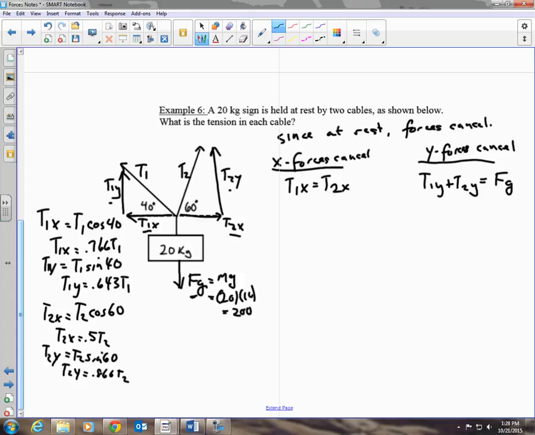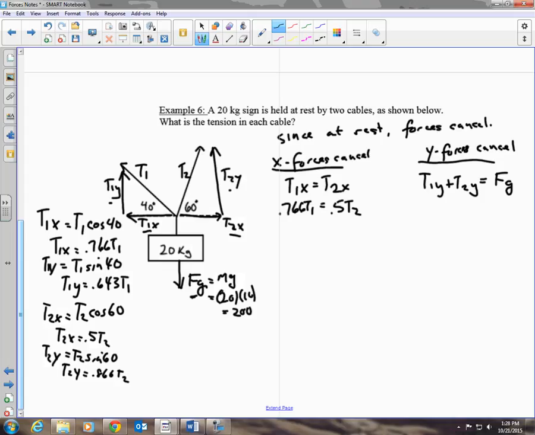Now I can go back to my forces canceling equation, and in T1x equals T2x, T1x is 0.766 T1, T2x is 0.5 T2. And then for my y forces cancel, I get T1y plus T2y.